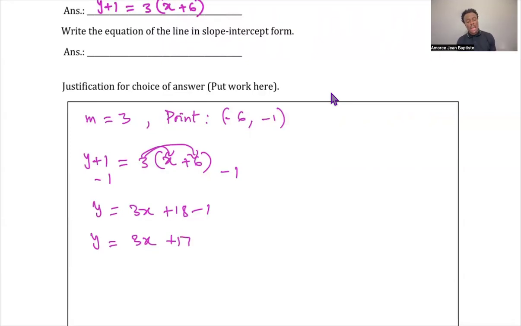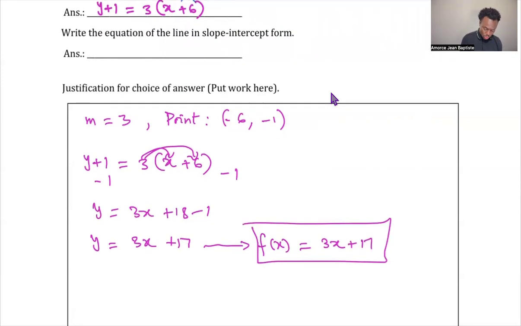But since they didn't give me which letter to represent my function, I'm going to represent it by f of x. So that's f of x equals 3x plus 17. So the slope-intercept form is y equals 3x plus 17.